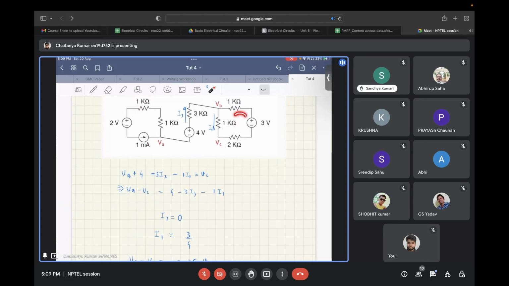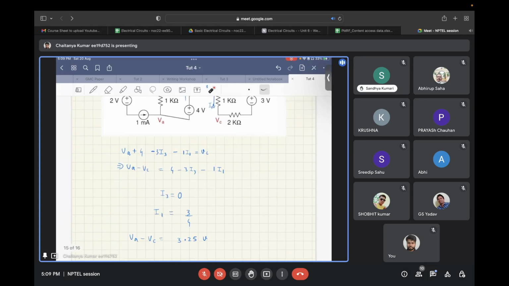Then for this mesh, we have 1 kilo ohm, 1 kilo ohm, 2 kilo ohm, so a total of 4 kilo ohm resistance, and a 3 volt voltage source is supplying current to it.